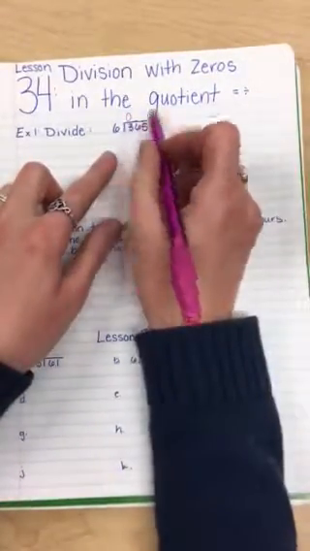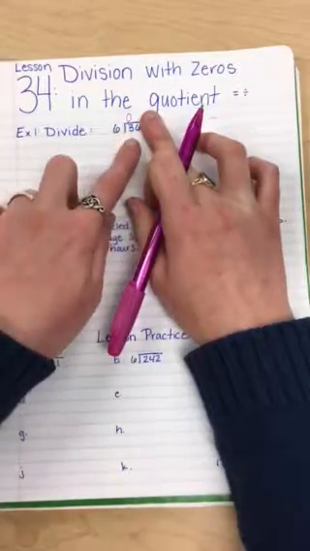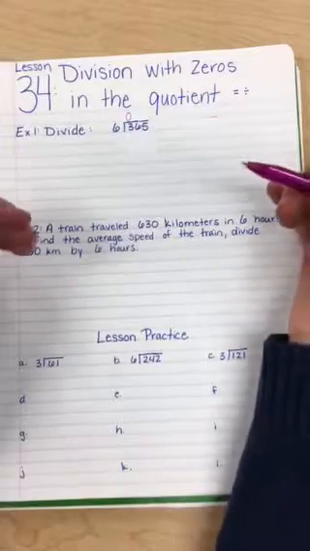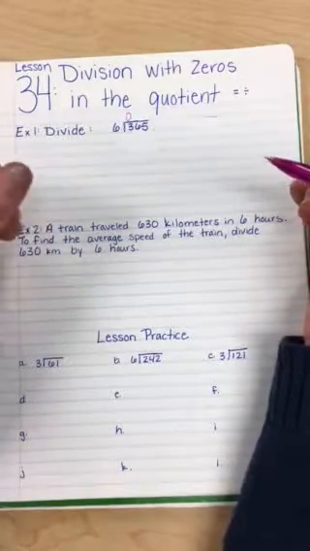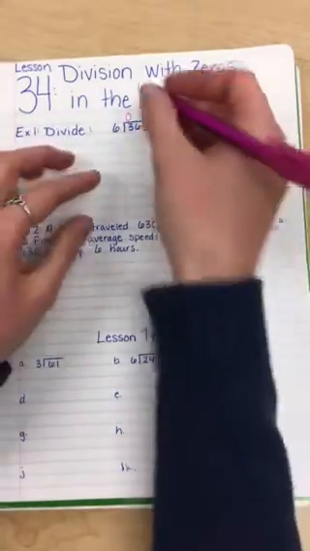Then we're going to scoot over and look at 6. How many times can 6 go into 36, all right? So you remember the steps to dividing. We divide, multiply, subtract, and bring down. So 6 times 6 equals 36.